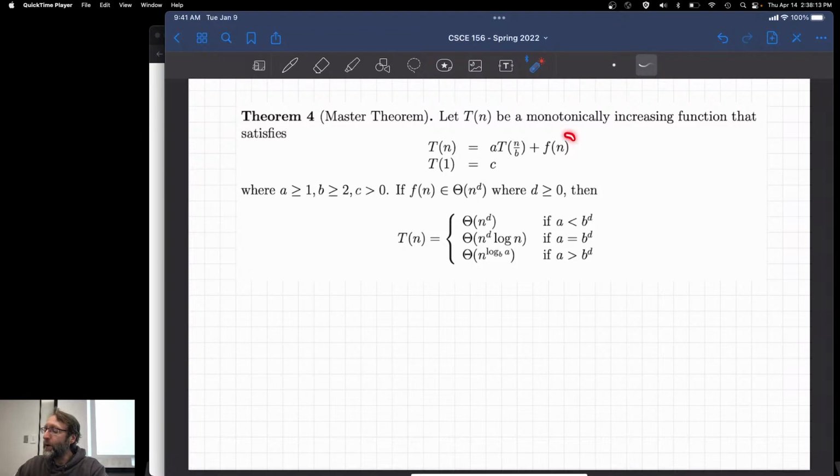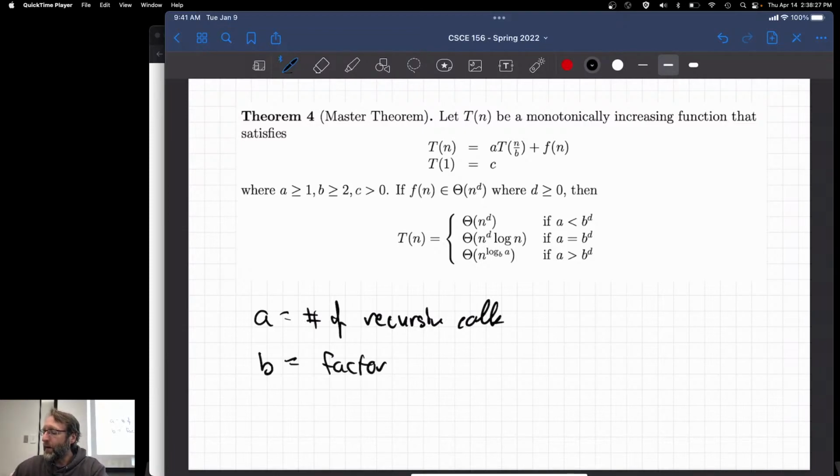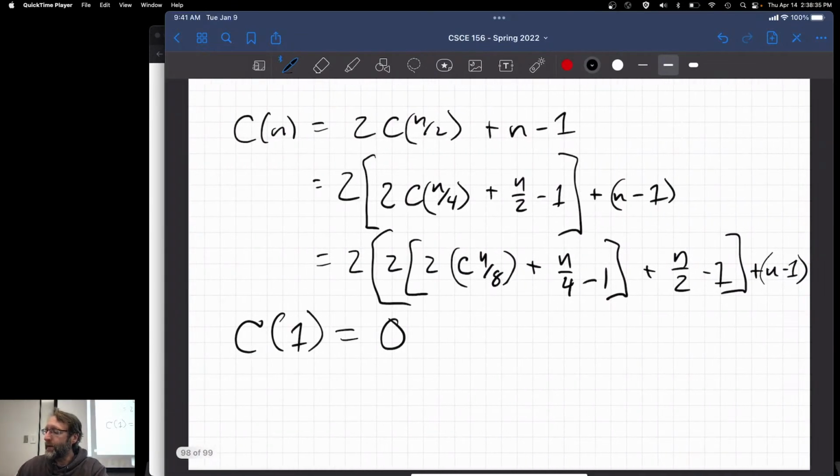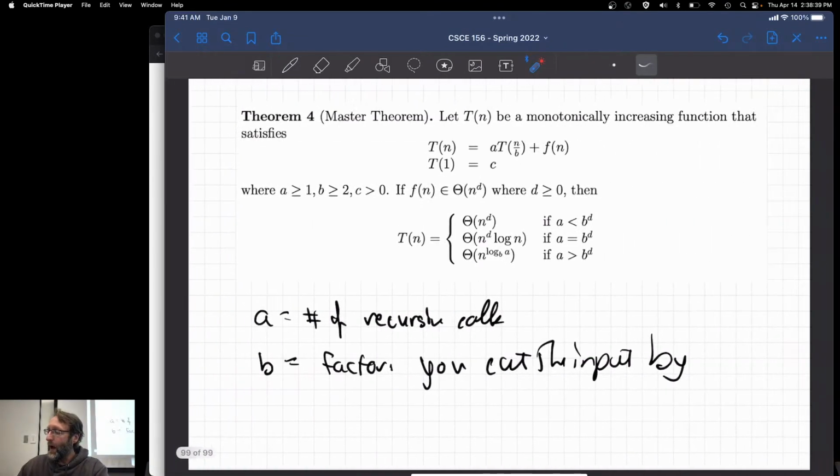It says if you have a recurrence of this form, where you're making a certain number of recursive calls, A is the number of recursive calls, B is the factor you cut the input by. So for our case, we were cutting it in half each time. B would be 2.